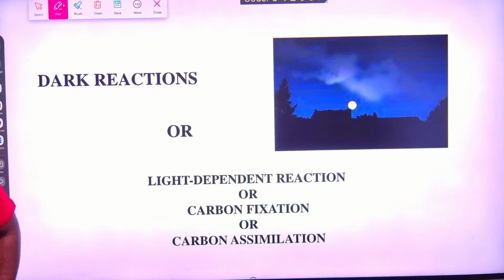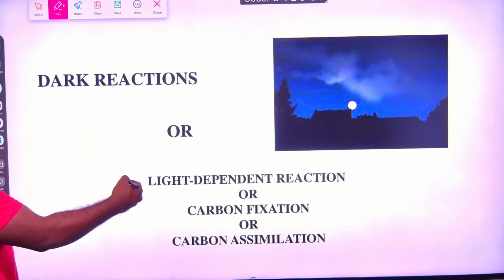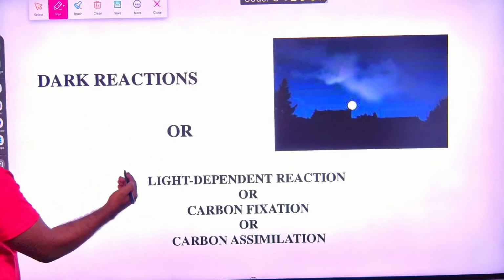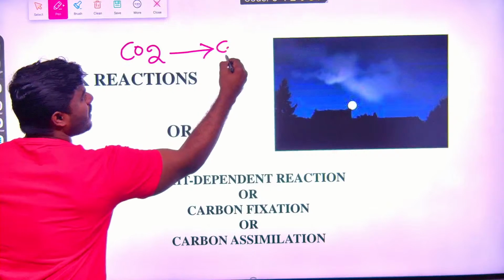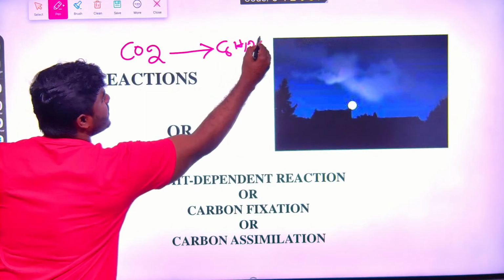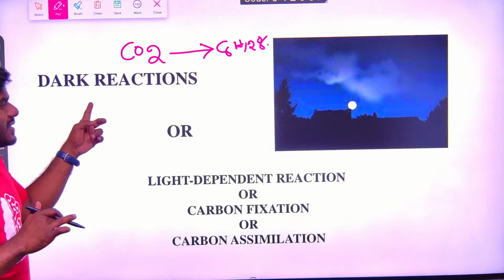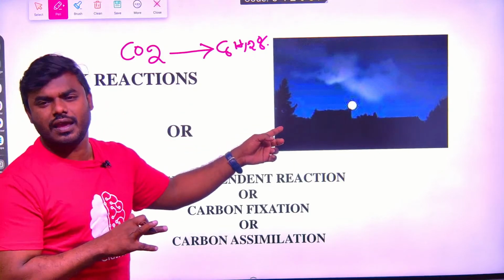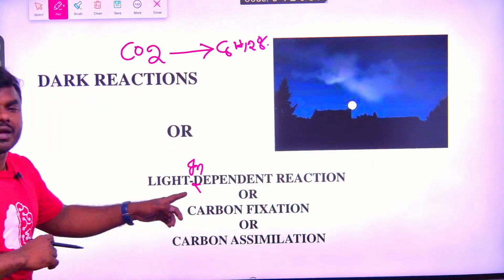I hope every one of you remembers my words very clearly, that dark reactions are the reactions where the final fixation of carbon into glucose takes place. Dark reactions don't mean that they occur in the dark; they are light-independent reactions.